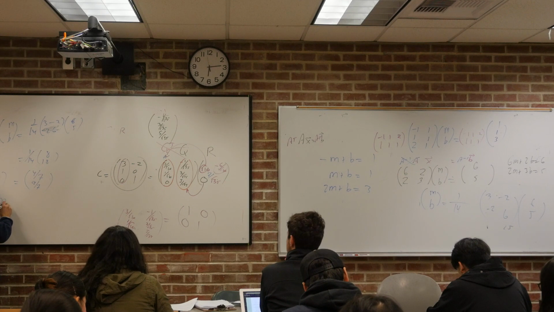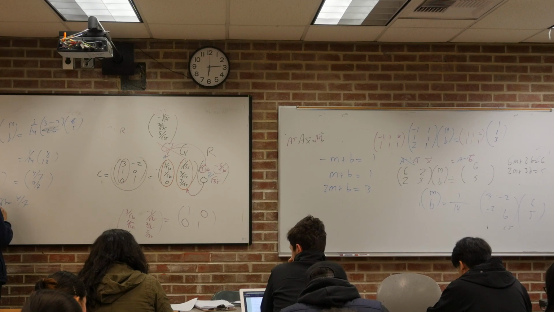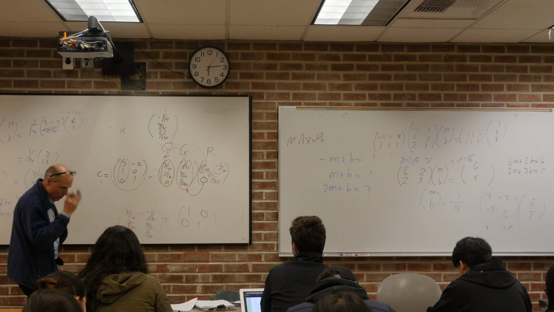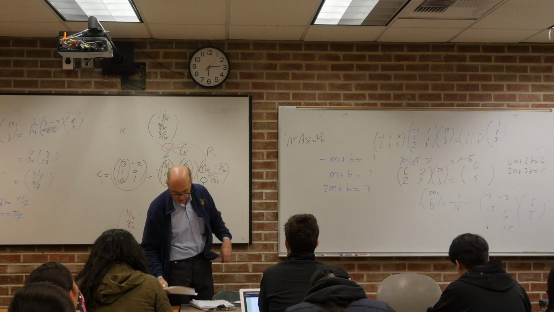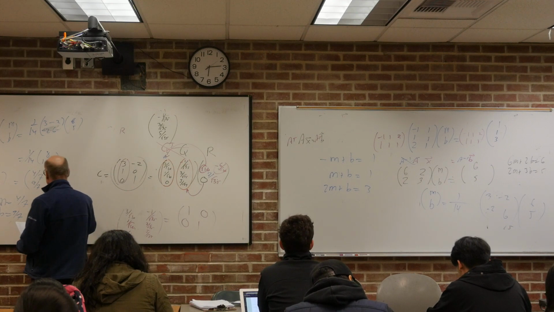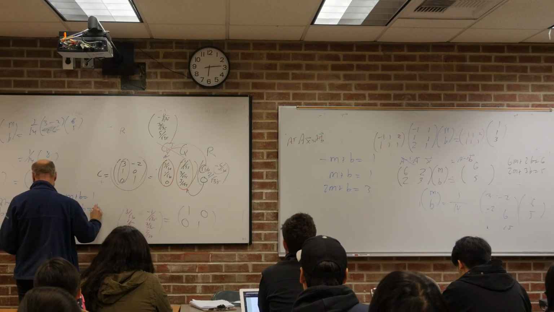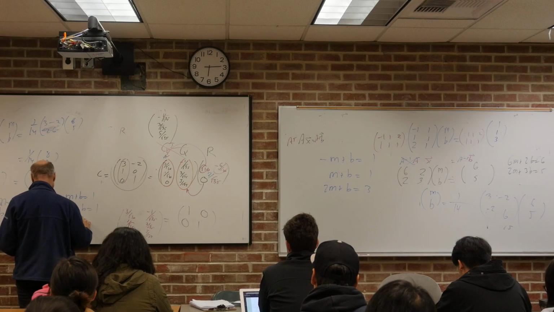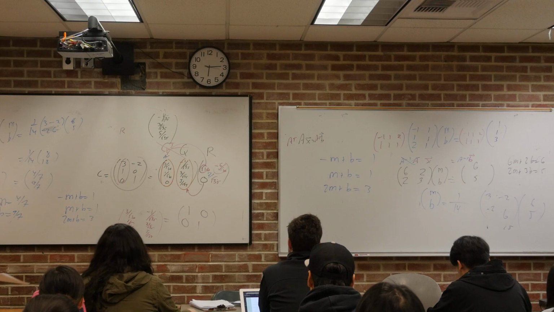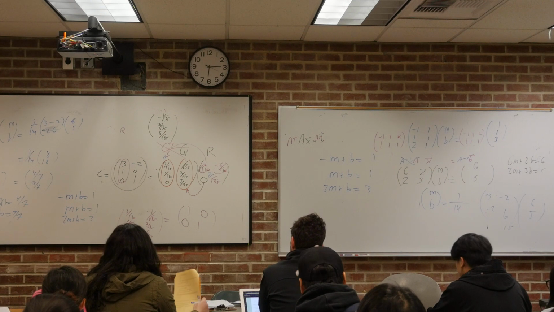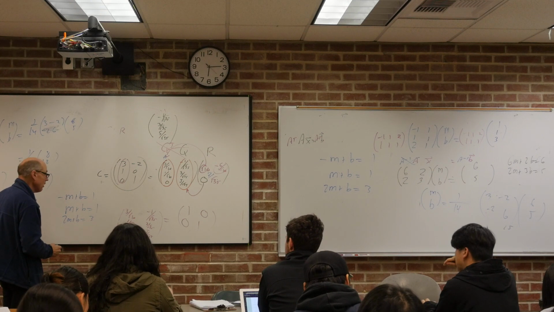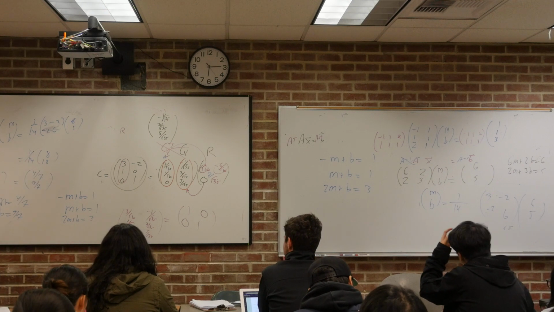So the best solution. Let's see how that does. So what I want is negative m plus b is 1. m plus b, what's it? No, that's just solving.